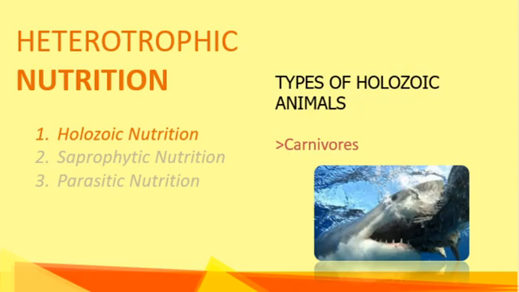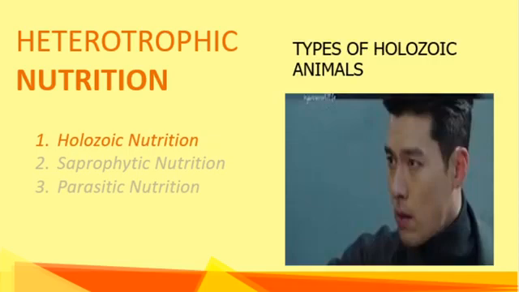Can you guess what the third one is? Clue: humans belong here. So the third type is called omnivores. These are animals that eat both plants and animals, like, of course, humans, the bear, and the hen. Those are omnivores.